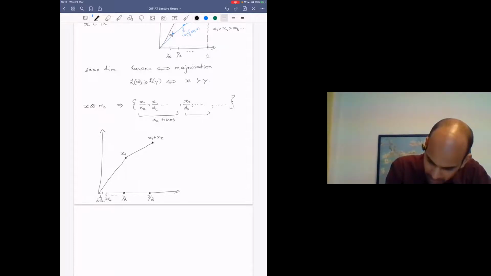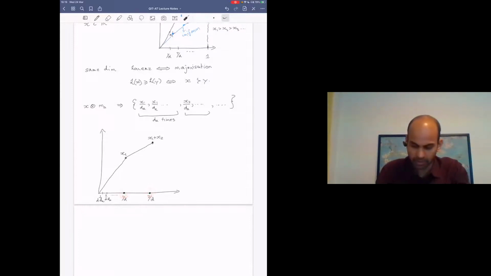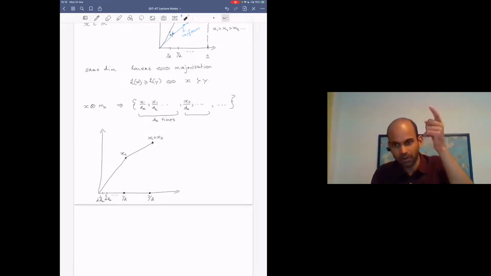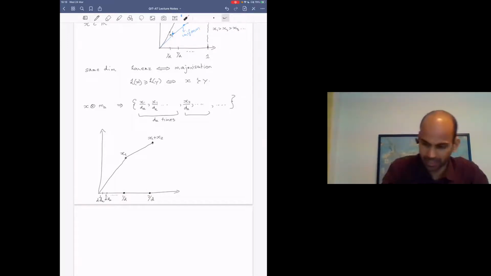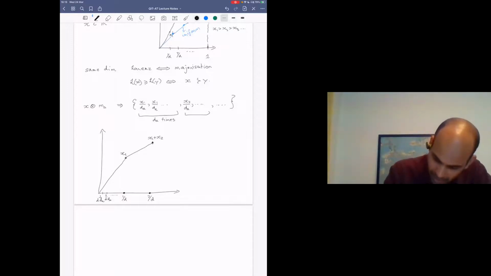So the original points that I drew before are still maintained, because you see that at the end of 1 over dA, 2 over dA, I eventually get to dA over dA, which is 1. And so I get the 1 over d point that I had originally. And the points that we are going to plot here will all lie on this line, because they will be x1 times 1 over dA, x1 times 2 over dA, and so on and so forth, up to x1 times dA over dA.